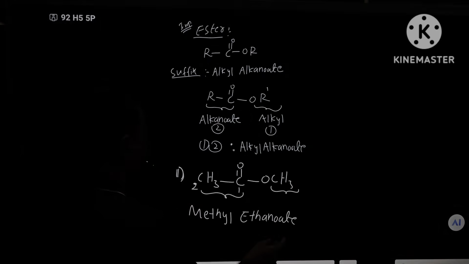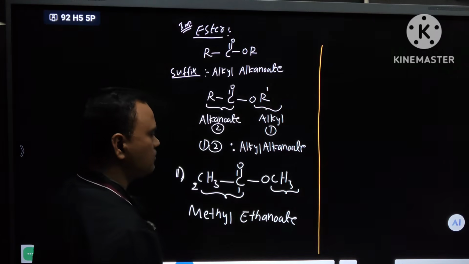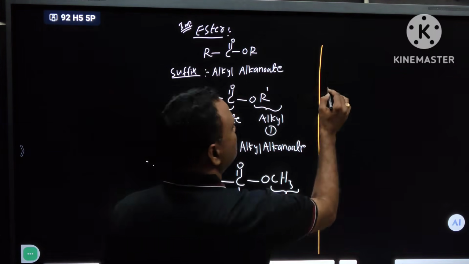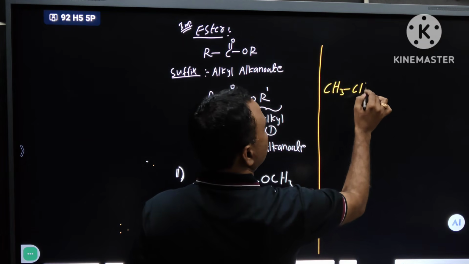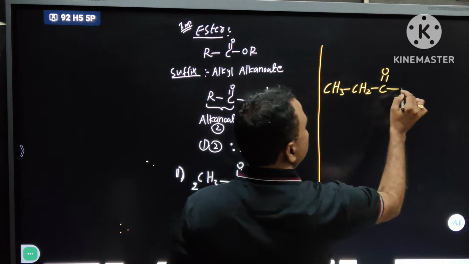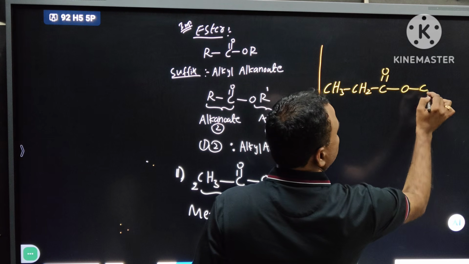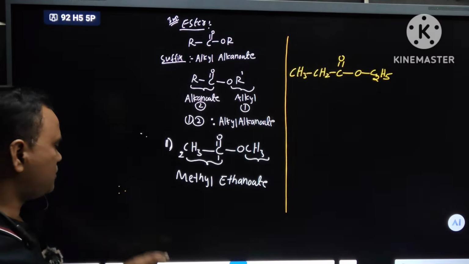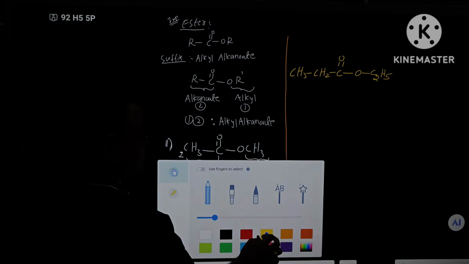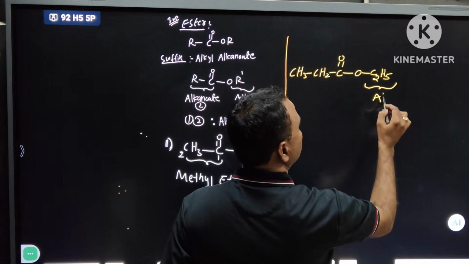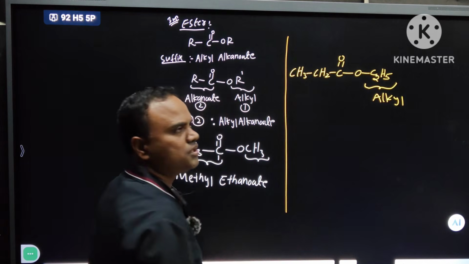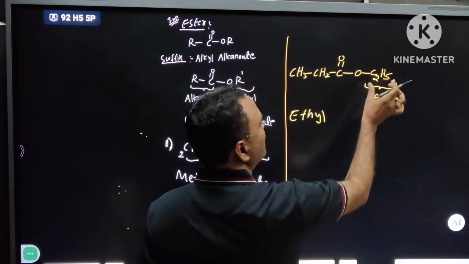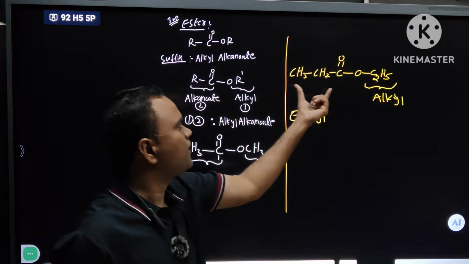Let us see some other. Just we say the name only. Okay, right. Look at this. C2H5. Now try this. First, what we have to write? Name of the alkyl part. This is alkyl. What is its name? 2 carbons are present, so this is ethyl. Alkyl, alkanoate.